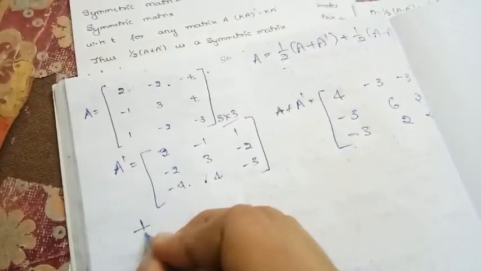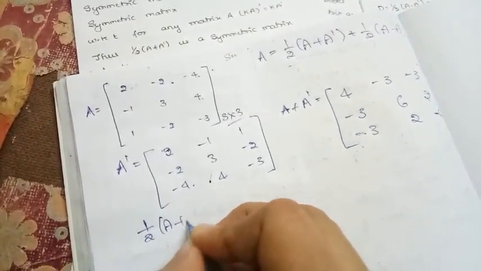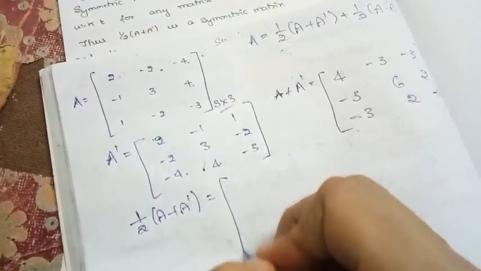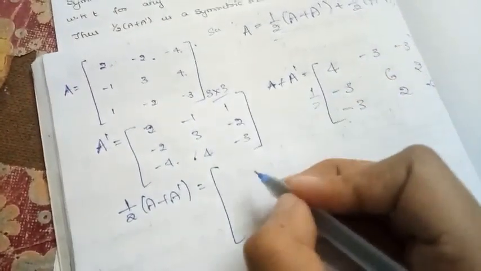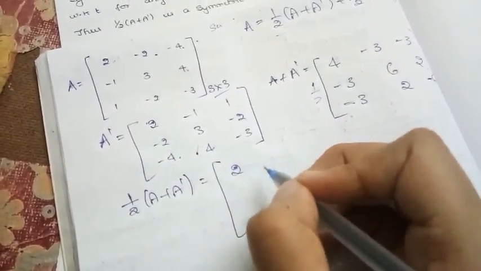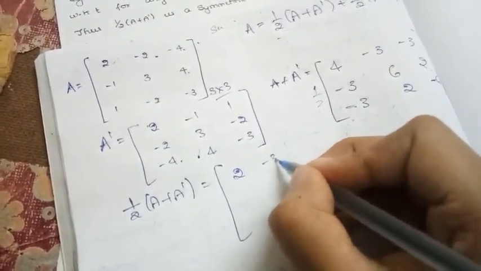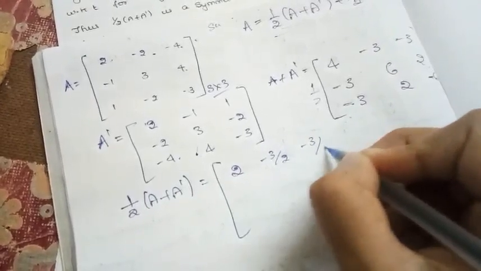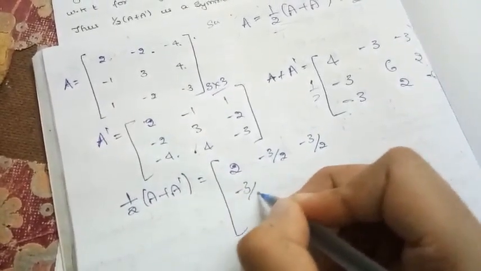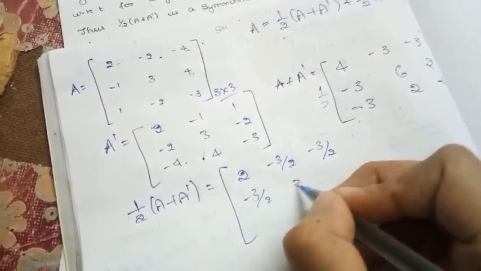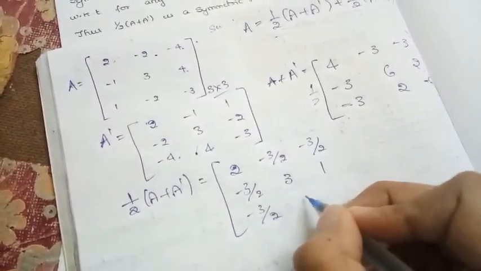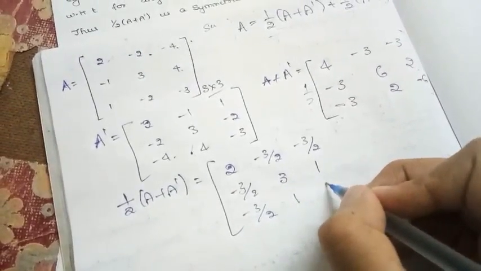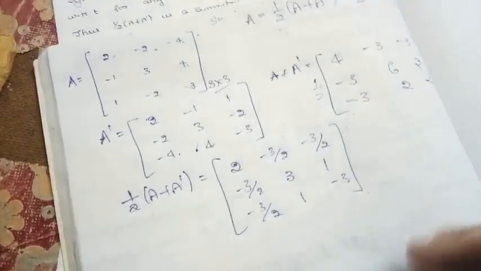Then you need half of A plus A transpose. Multiplying half to this matrix: 4 by 2 is 2, -3 by 2, -3 by 2, 6 by 2 is 3, 2 by 2 is 1, then again -3 by 2, 1, and -3. So now you have one matrix.